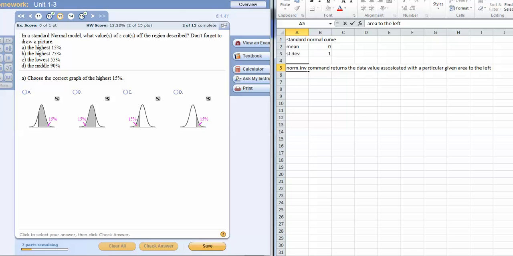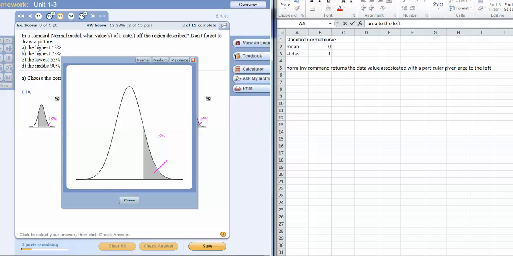So, for example, on choice A, it says choose the correct graph of the highest 15%. Well, the highest 15% is clearly going to be choice D. This is the highest 15% of the curve. But in order to do this on Excel, you're going to use the norm inverse command, but you're not going to put 0.15 as the area to the left, because that would give you this Z over here.